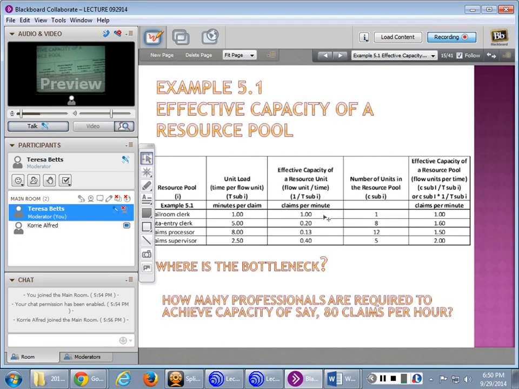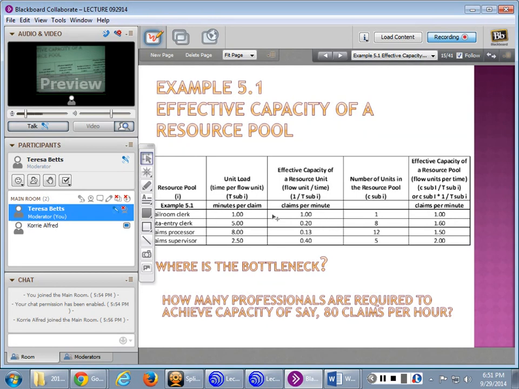Then I take that times the number of claims per minute that each resource unit was able to do, and that would tell me how many I would need. So I take 1.0 times 1.33, so you would need 1.33 mail clerks.